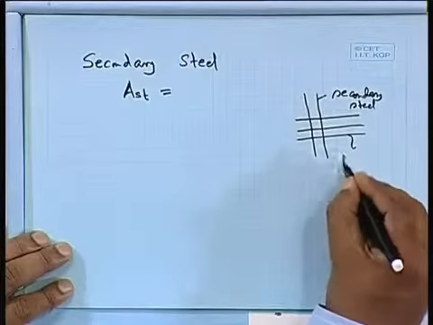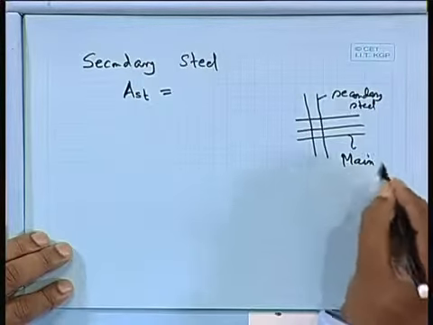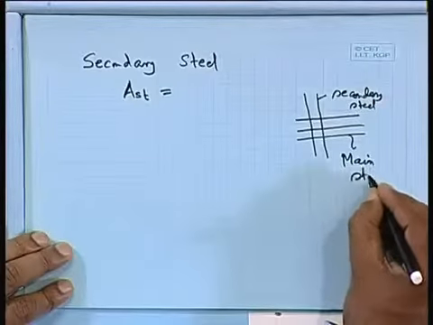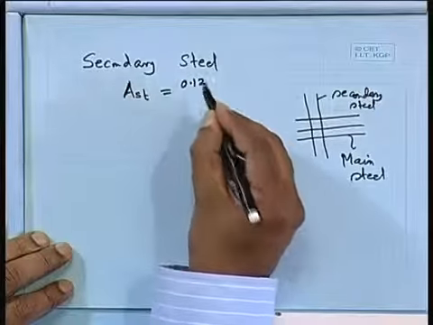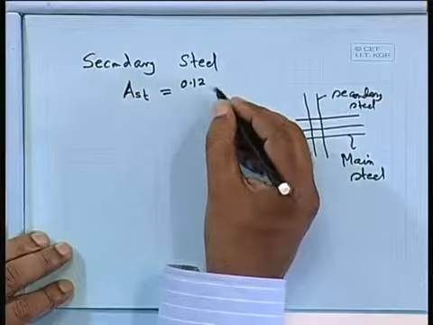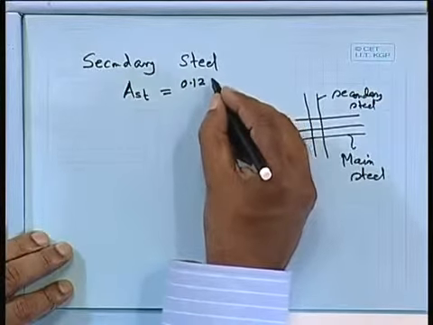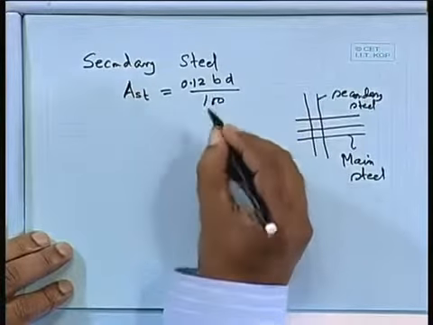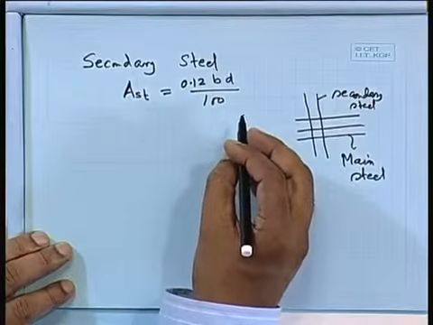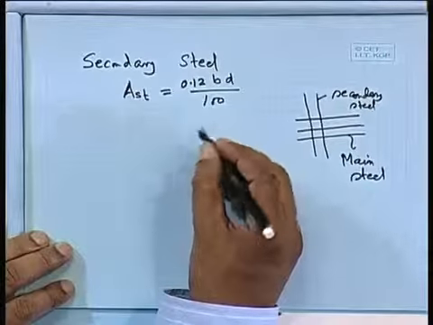And this is the main steel which you compute on the basis of your bending moment. So Ast will be equal to 0.12 percent, the minimum you have to provide, times BD. For mild steel it is 0.15, for high strength deformed steel it is 0.12.